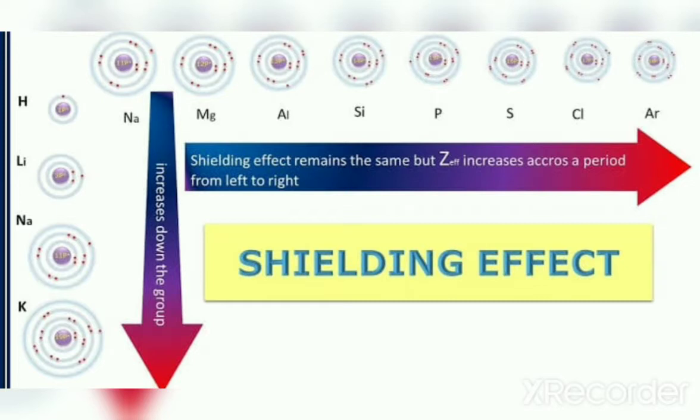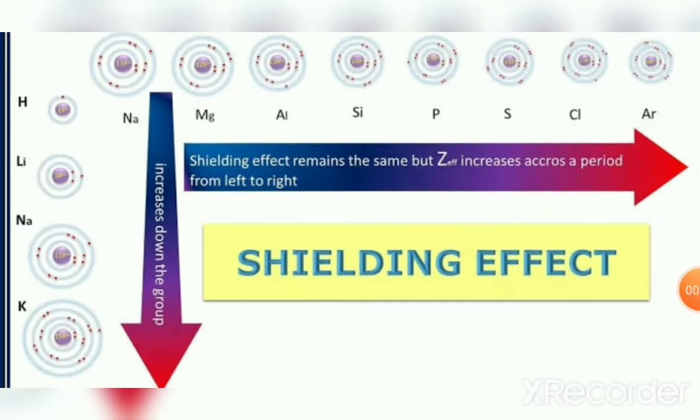So as we move down the group, shielding effect outweighs nuclear charge. Since shielding effect outweighs, the valence electron will experience lesser effective nuclear charge. Therefore, less energy will be required to remove the valence electron. Therefore, ionization enthalpy decreases down the group.